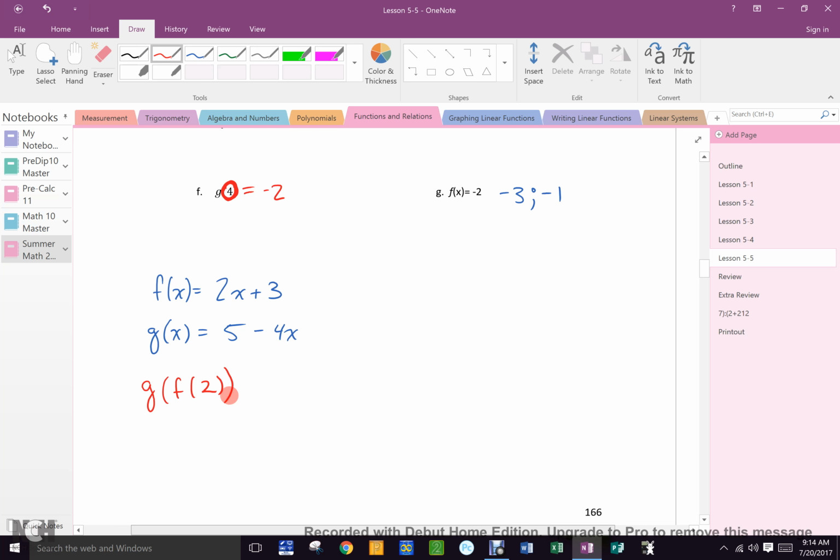Right. The f of 2 equals 7. Okay? What do you see right there? F of 2 is 7, so I need the g of 7, don't I? Where does that go? To the other part. Yeah. 4 times 7 is 28. 5 minus 28 is negative 23. Go have a break.